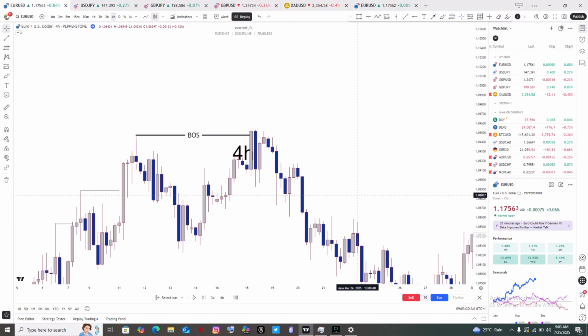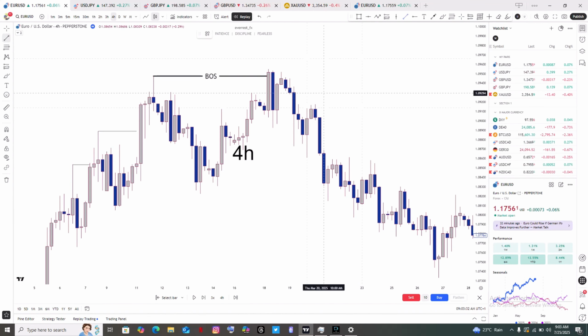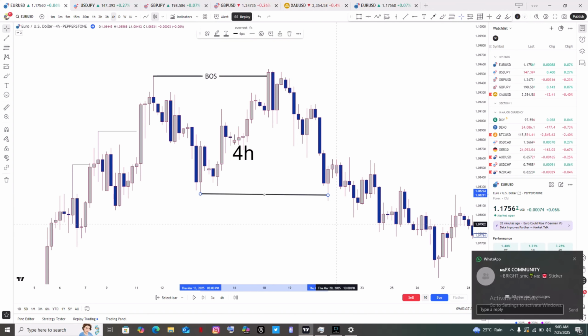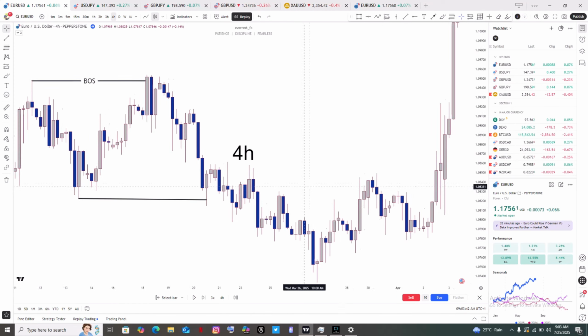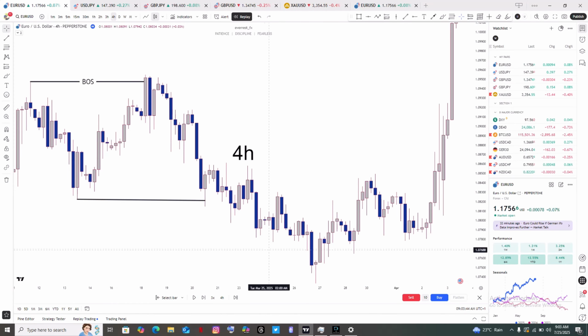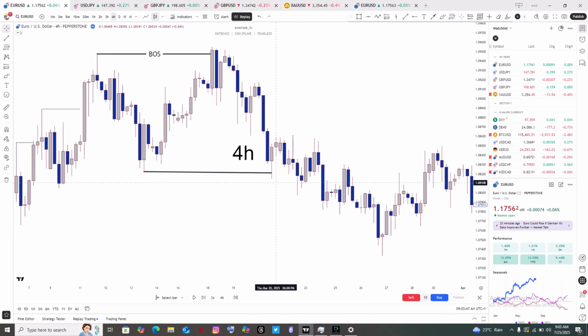But the market eventually broke the low instead of the high. Now we know that, okay, the market is on a downtrend like this. All this little structure you see are both 1 hour and 15 minute structure. You can still trade them to the downside.